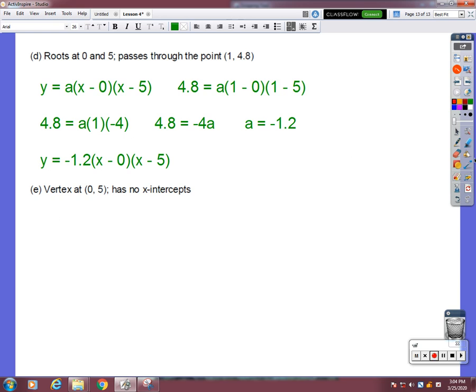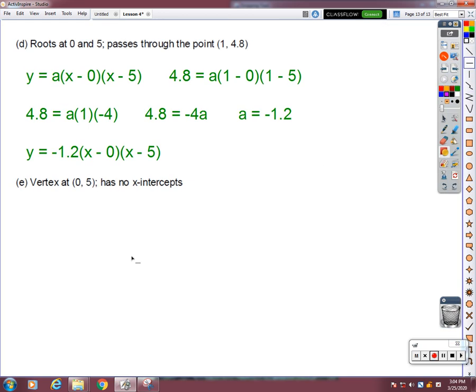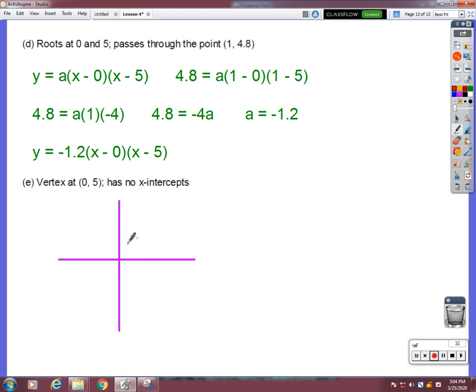All right, and then the last one, and then we'll wrap this up. Just a short little easy day today. Vertex at 0, 5, no intercepts. Once again, can't tell you what that equation is, because if all I know is that it goes through 0, 5, doesn't have any x-intercepts, it could look like this, and that would work.